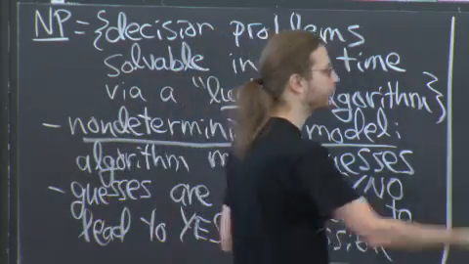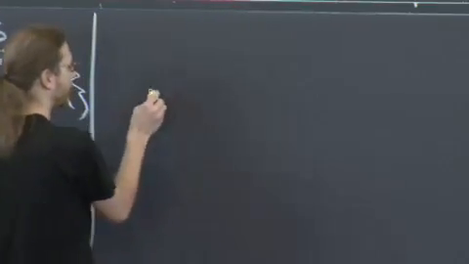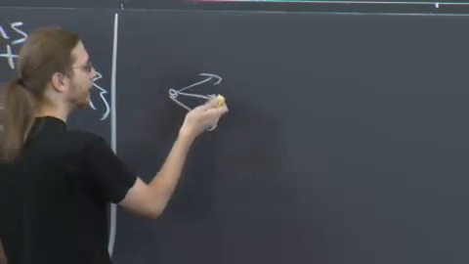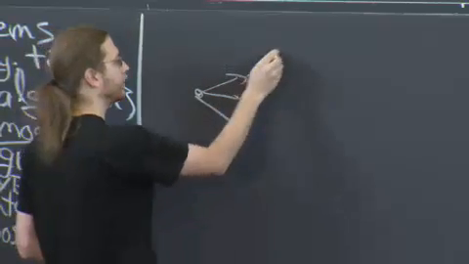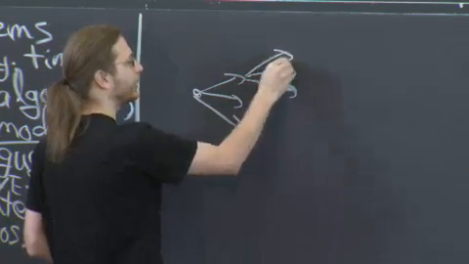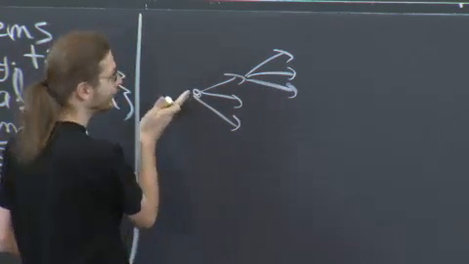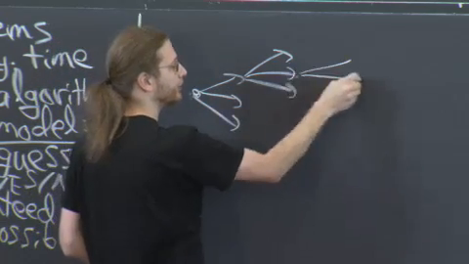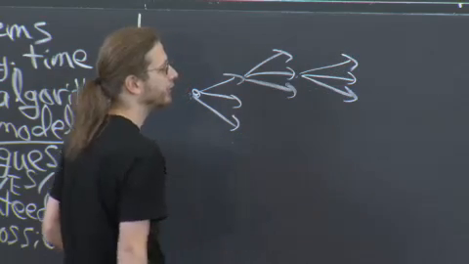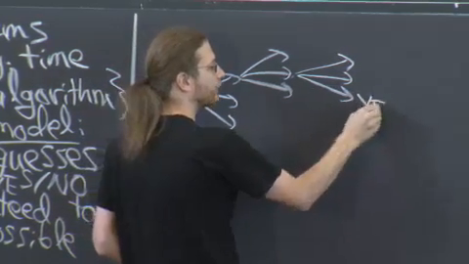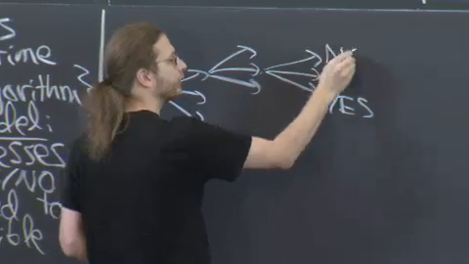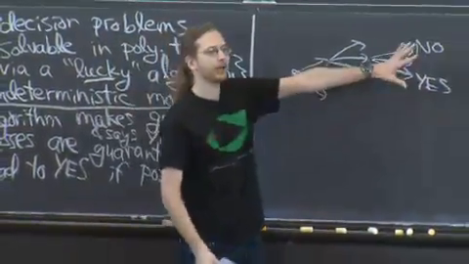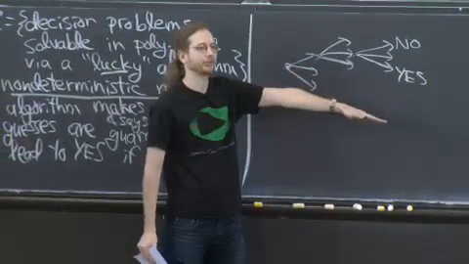So if you imagine the space of executions of this program, you start here, and you make some guess, and you don't know which way to go. In dynamic programming, we try all of them. But this algorithm doesn't try all of them. It's like a branching universe model of the universe. So you make some choice, and then you make some other choice, and then you make some other choice. All of these are guesses. And some of these things will lead to yes. Some of these things will lead to no. And in this magical model, if there's any yes out there, you will follow a path to a yes.